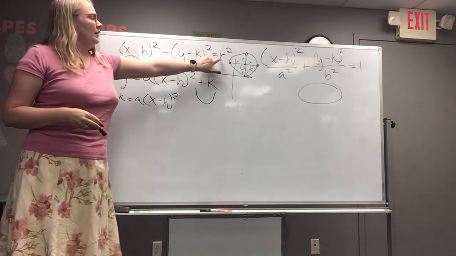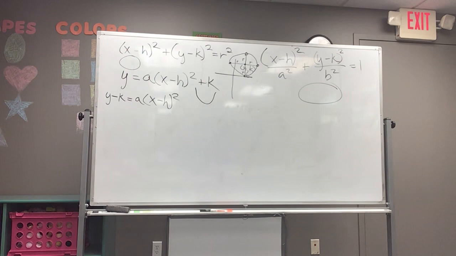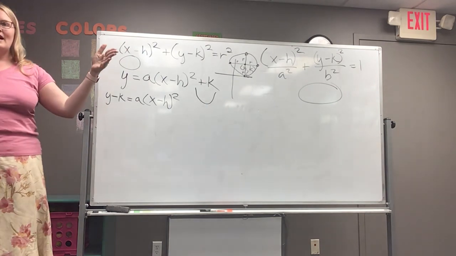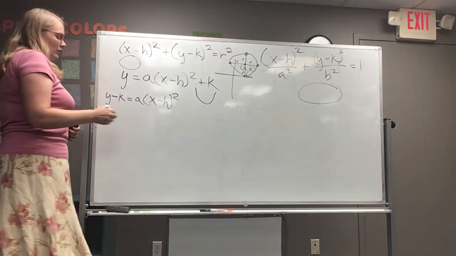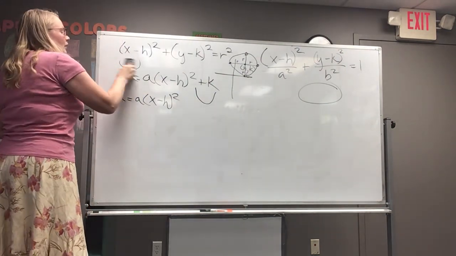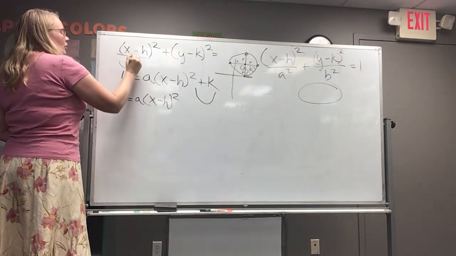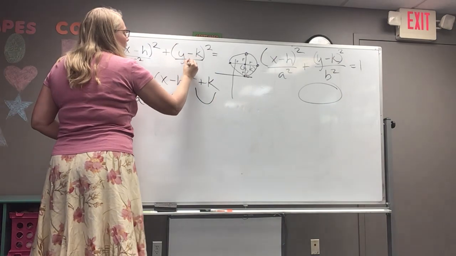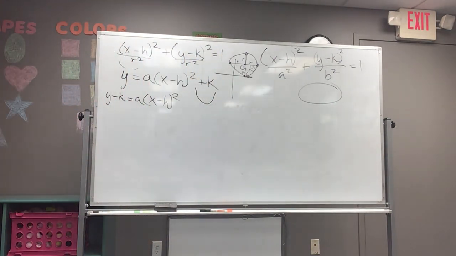A circle is just a specialized ellipse. It happens to be an ellipse that's the same side to side, top and bottom. And so this could also be written as x squared plus y squared equals R squared, over 1. Circle is just a specialized ellipse.